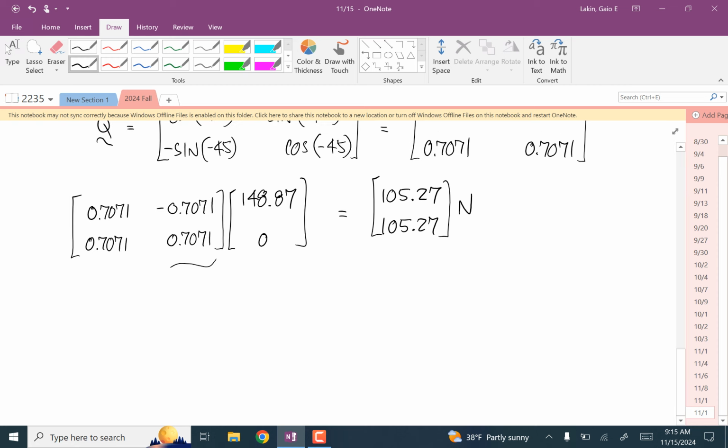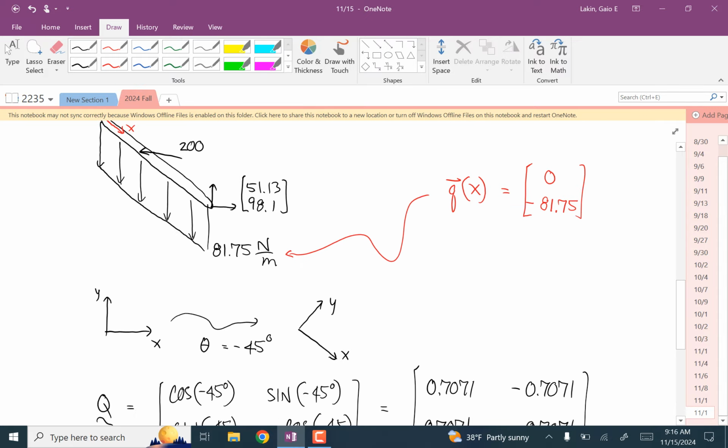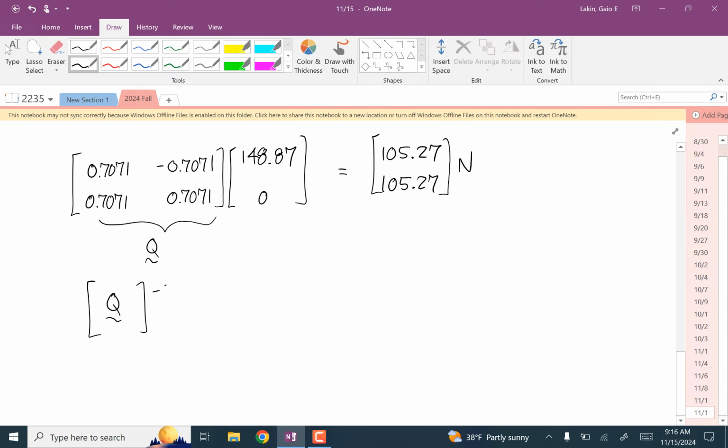So this matrix is Q. I'm just going to keep multiplying this Q. So our 200 Newton force is negative 200, 0. And minus 141.4 in both.